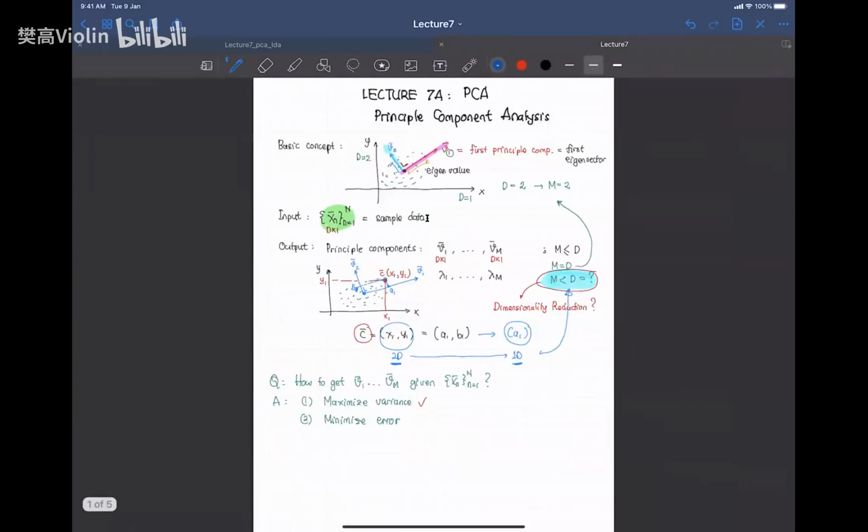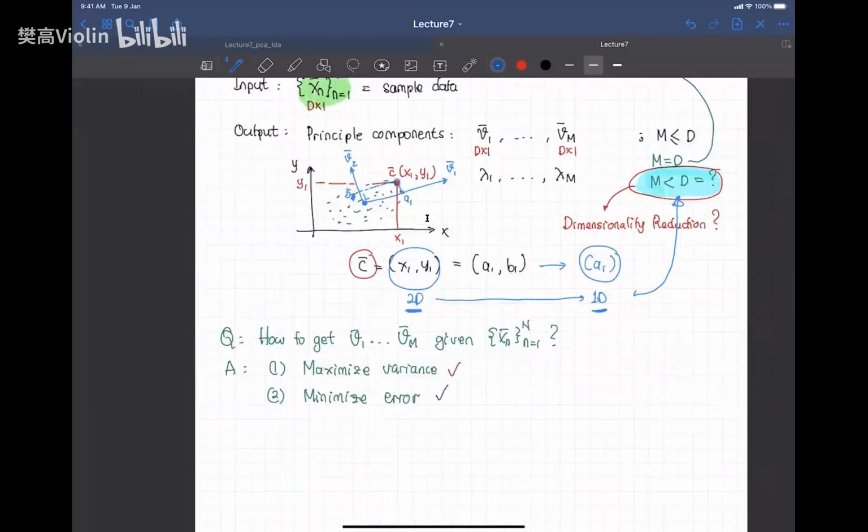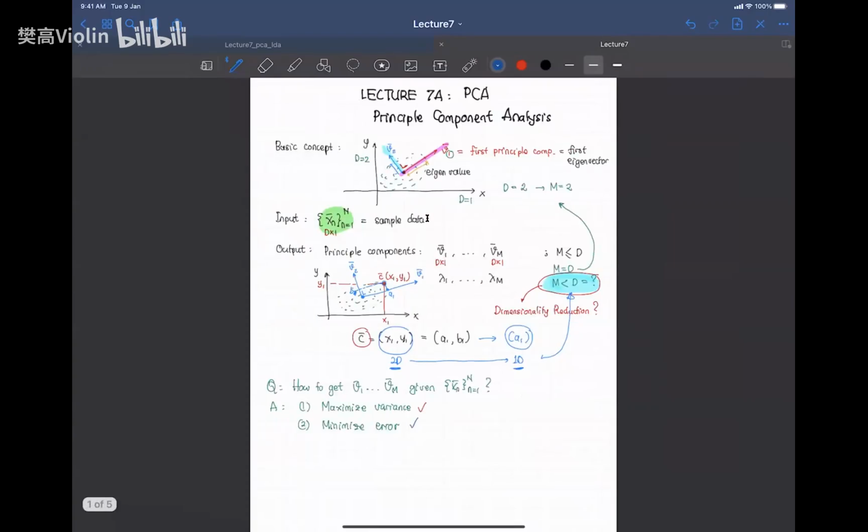We only discussed maximizing variance. We haven't discussed minimizing error yet. If we have time, I think we can discuss this in the second session, so then we can have a full picture of this. But I'm not really sure if we have time though. Let me think.